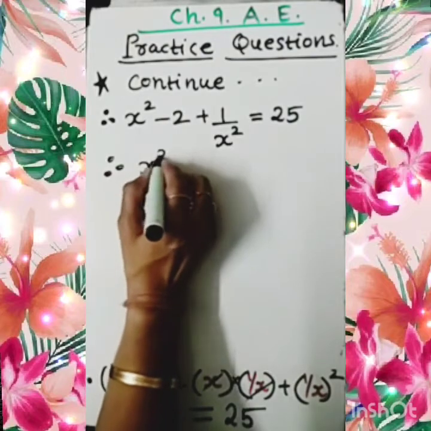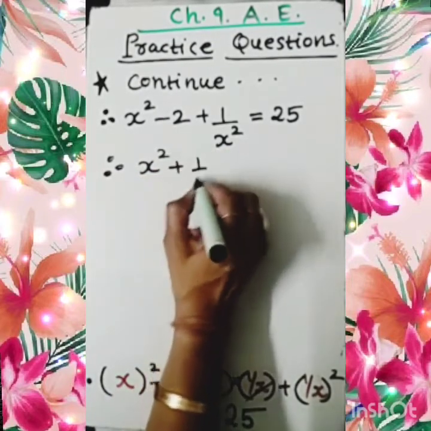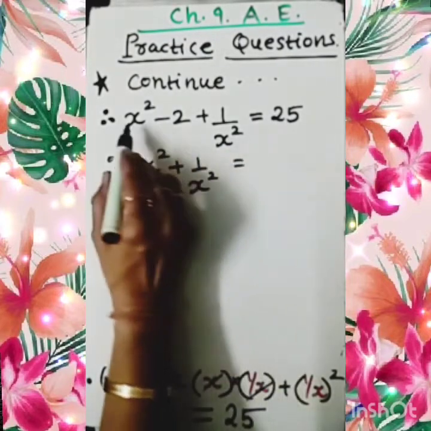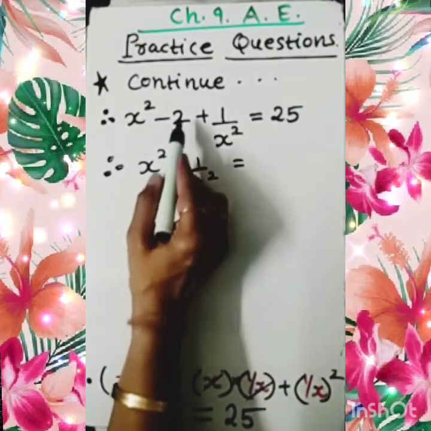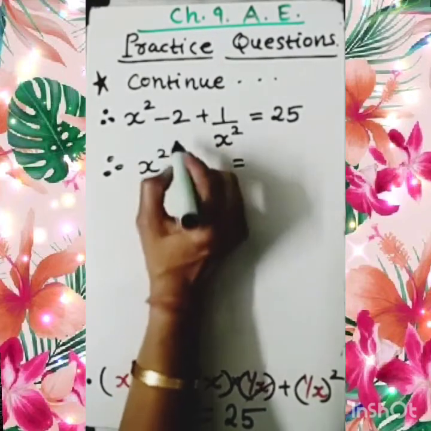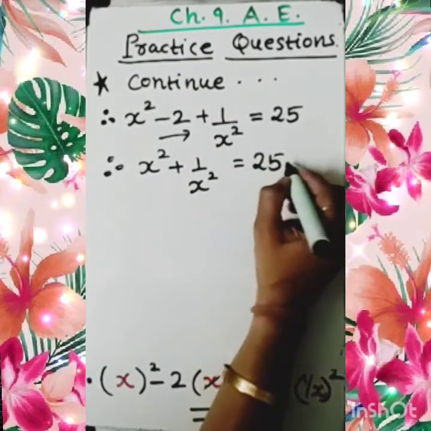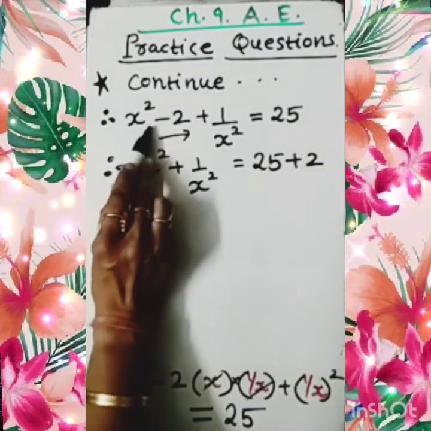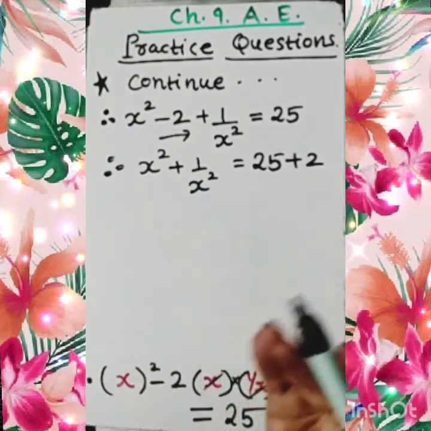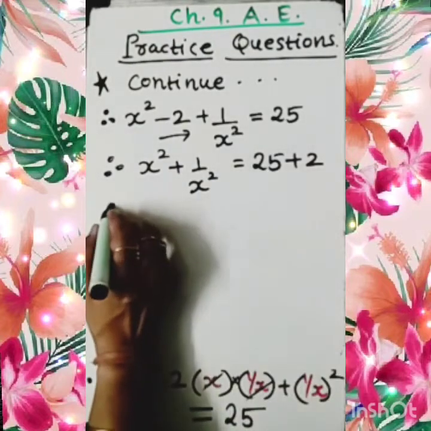Therefore, x square plus 1 upon x square, I am writing these two terms together. What to do with minus 2? This minus 2 I am transposing to the right side. So it will become plus 2. As it is minus here, I am changing its side, so it gives the result plus.